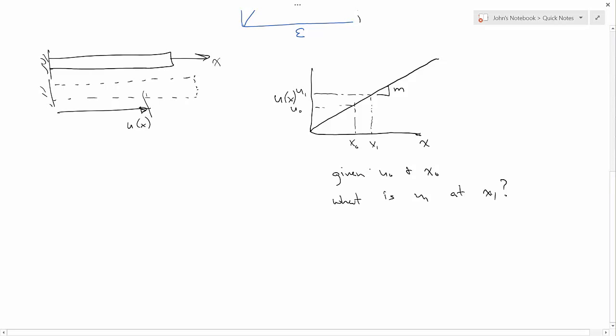It's just an equation of a line. U1 is equal to the slope times x1 minus x0 plus U0.